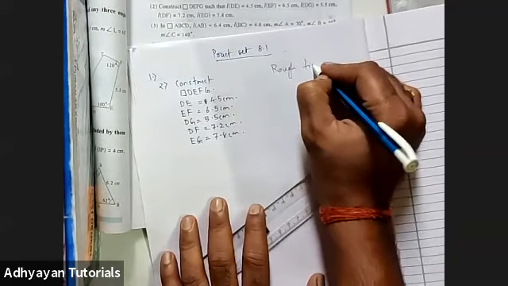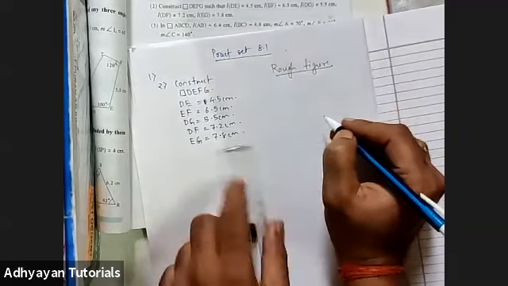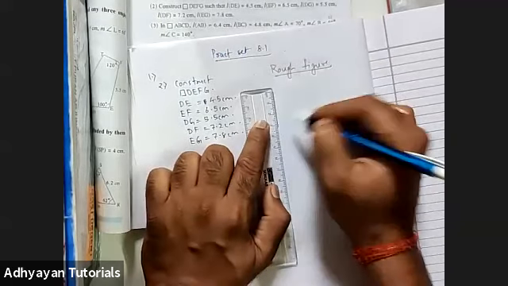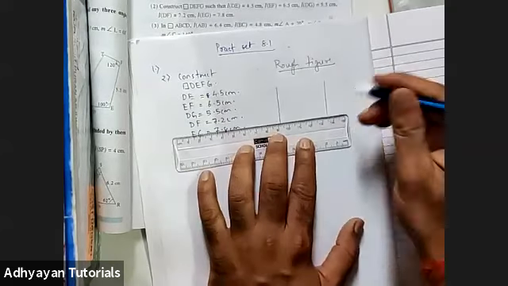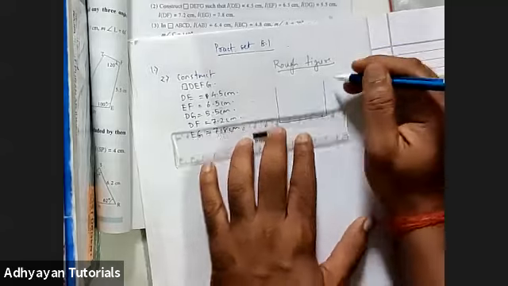Yeah, rough figure. So here is the quadrilateral. You can draw the quadrilateral in any shape you want, at least in the rough figure.